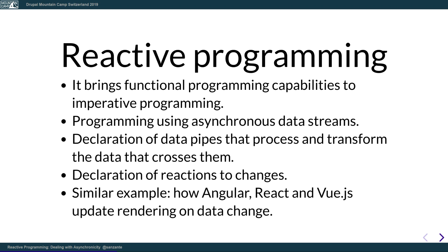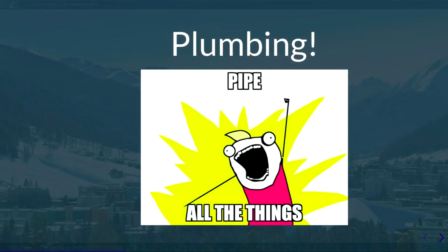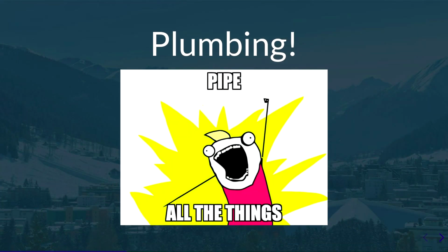You could say that reactive programming is using asynchronous data streams. Or you can say that reactive programming is declaring data pipes that process and transform the data that crosses those pipes. Or you can say that it's just a declaration of reactions to changes.